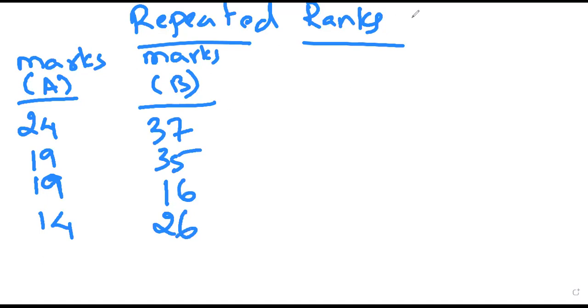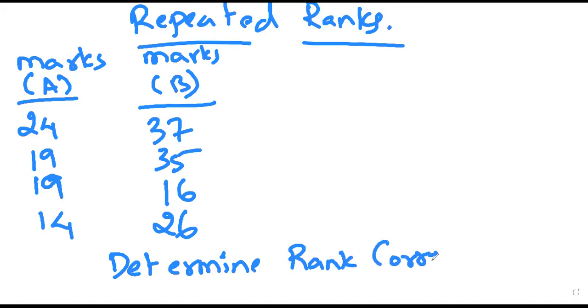Again, the question is to determine the rank correlation. I am telling you again and again, read the question twice. If they have asked you to determine the rank correlation, you have to determine the rank correlation itself. If they had not asked for the rank correlation, you could even use Karl Pearson's correlation. But since they have asked us to find the rank correlation, we have to convert these marks into ranks.